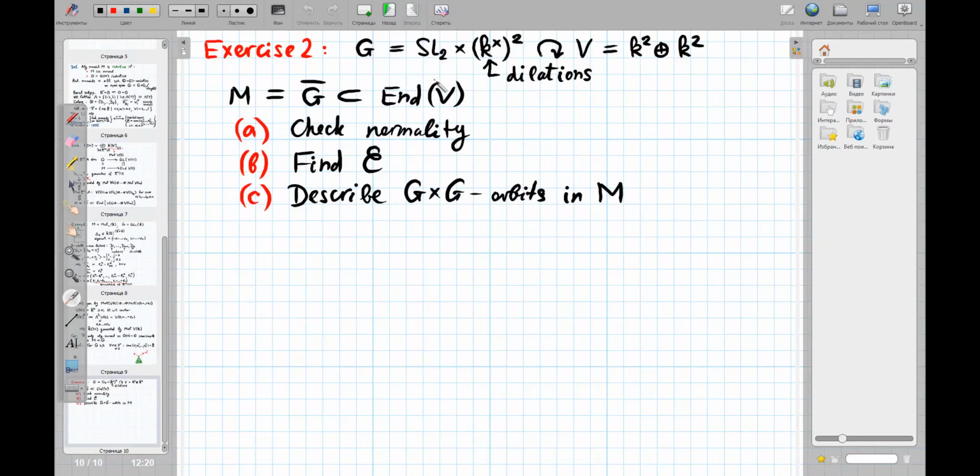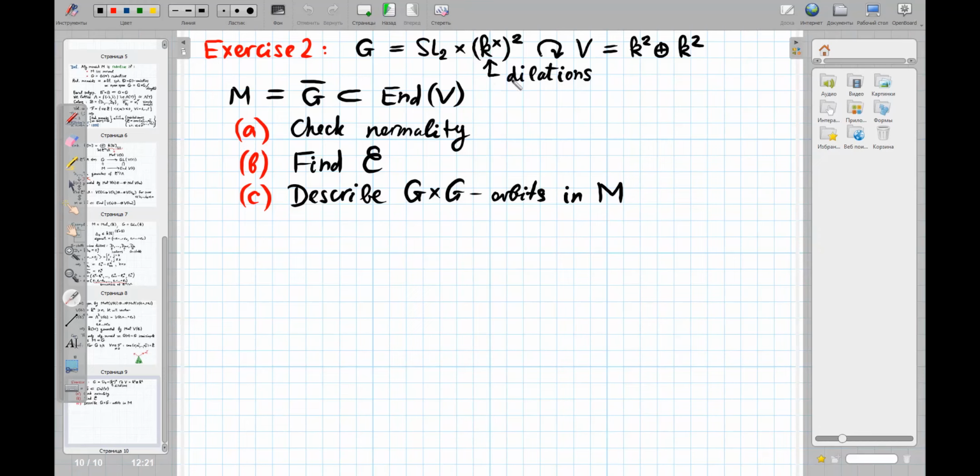More questions? Just now we discussed the irreducible representations of SL2, but there are also dilations.